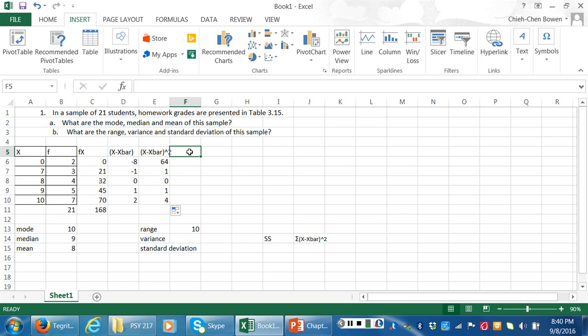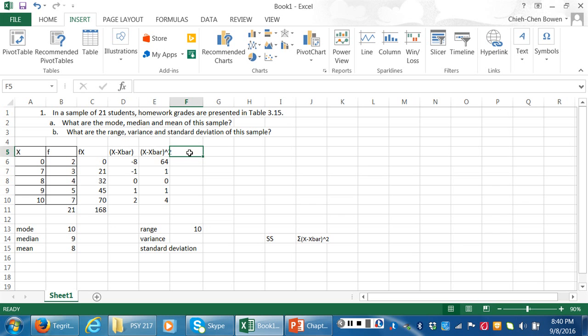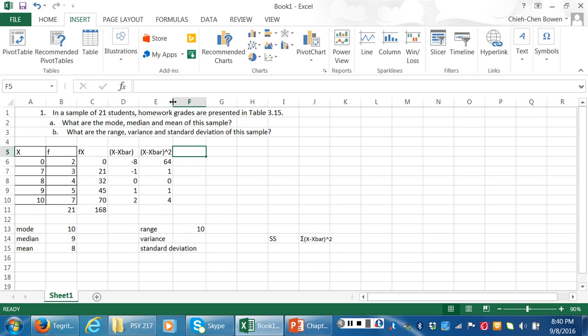Remember, we need to consider the impact of frequency, because each x value happens a different number of times, and the way we consider frequency is right in front of the calculation. So in the next column, let's give it a little more space.